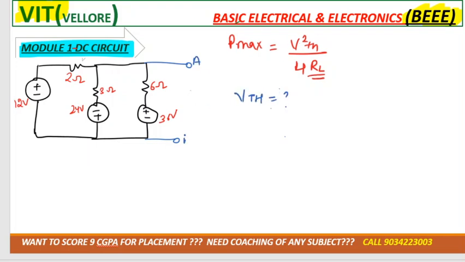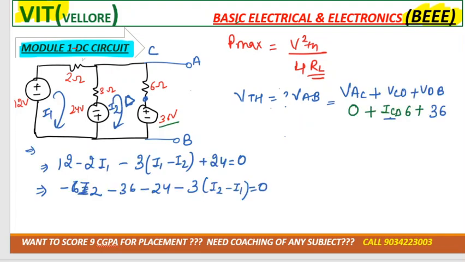This is A. So now we need to get ICD, and ICD is equal to I2, right? For ICD we have to make two mesh equations. From here we can get the value for I2.